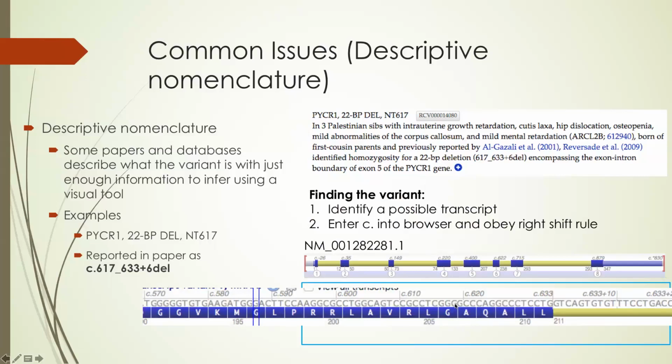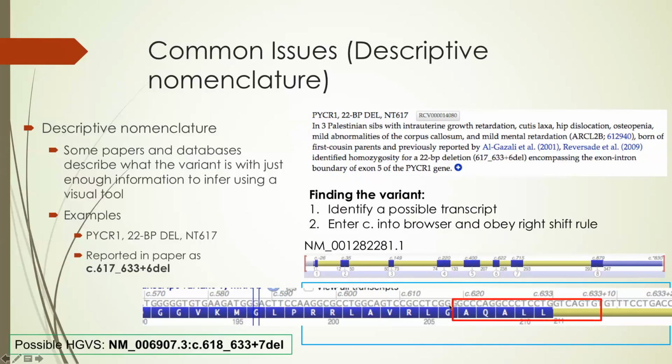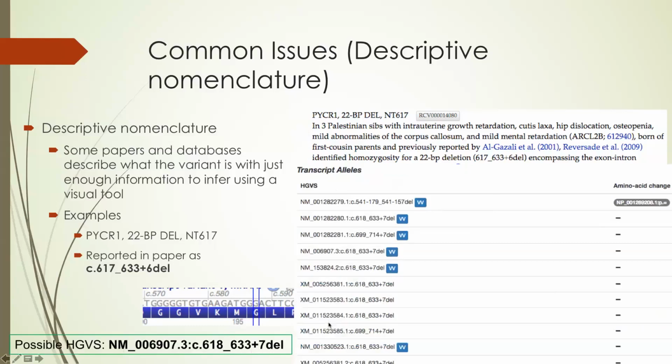Looking at the region said to be deleted, and applying the right shift rule, the 3' rule that Stephen was mentioning, we get that the deletion occurs at c.618 to 633+7, and it is in fact in that transcript. We can then put that into the Allele Registry to validate it and look at some of the other impacts it has on all the other transcripts.